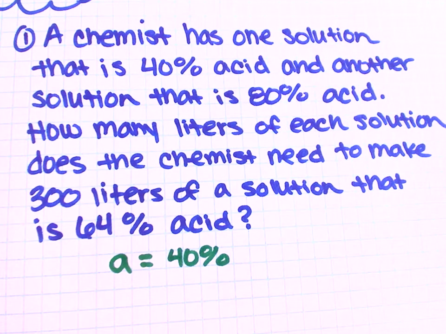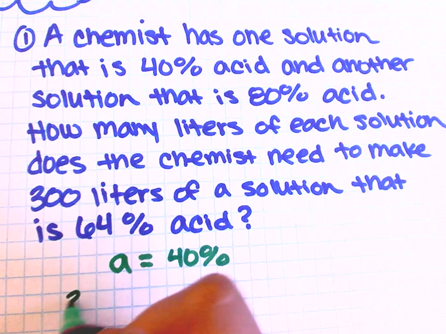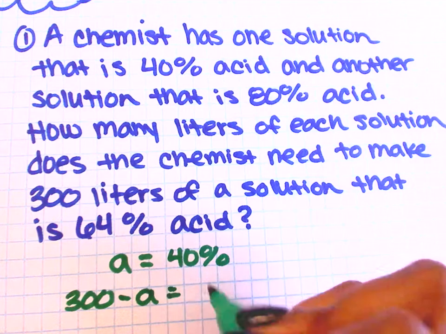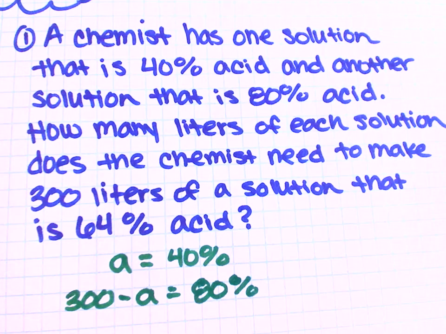Now, how am I going to know how much is the 80% liter? Well, he wants a total of 300. So it's the total, 300 liters minus A. That's going to represent our 80% solution. So we have defined our variables.